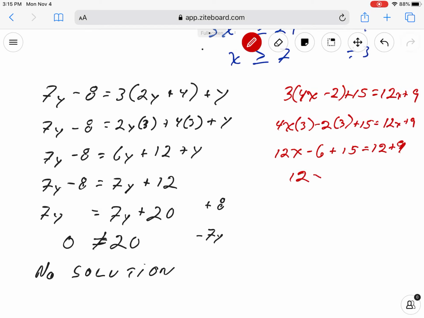Combine like terms before we do anything else. So I have 12x plus 9 equals 12x plus 9. Since they are both identical, then that means whatever I would put in for x is going to be true. So this has an infinite number of solutions.